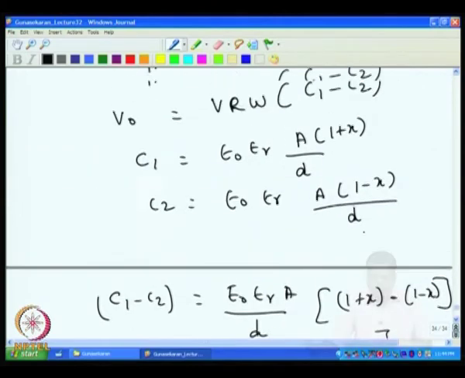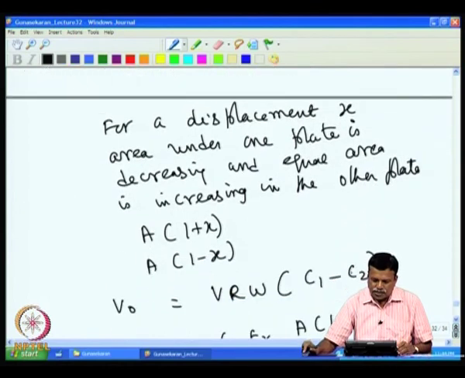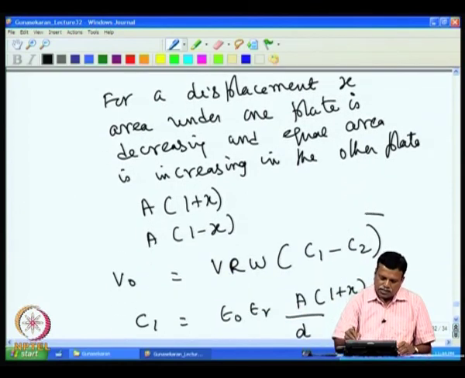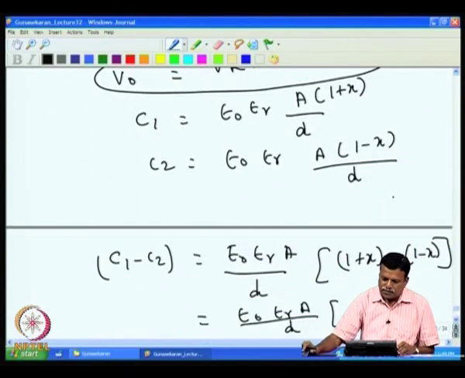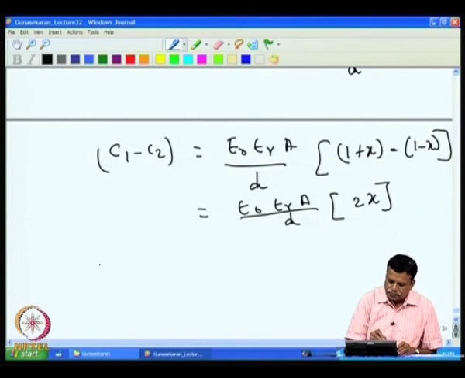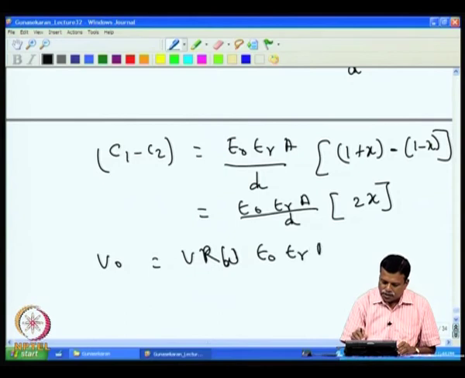Now, if I put this in our equation for the output voltage V naught, then V naught will come as V r naught V r omega into epsilon naught epsilon r A by D into 2x.